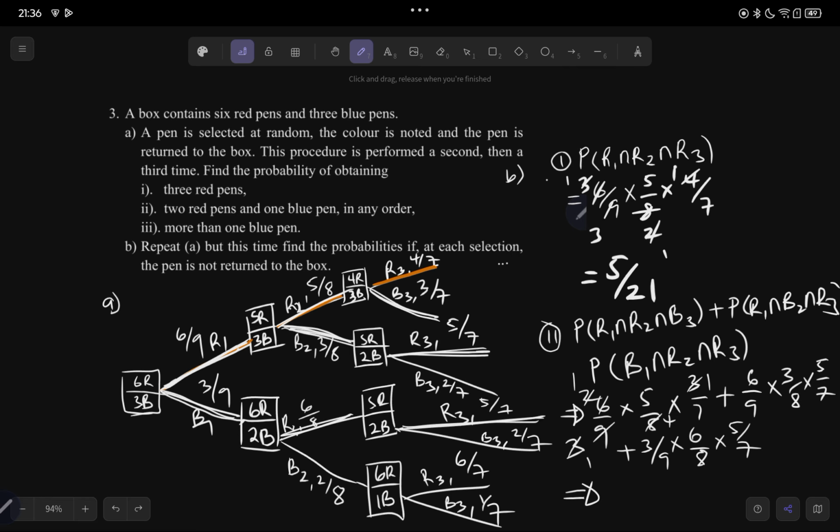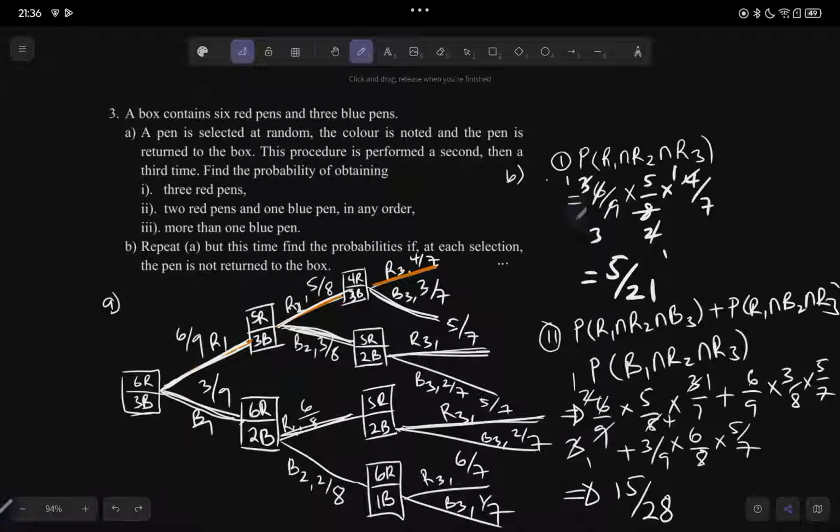This will give us 15 out of 28. Now you can follow these branches.